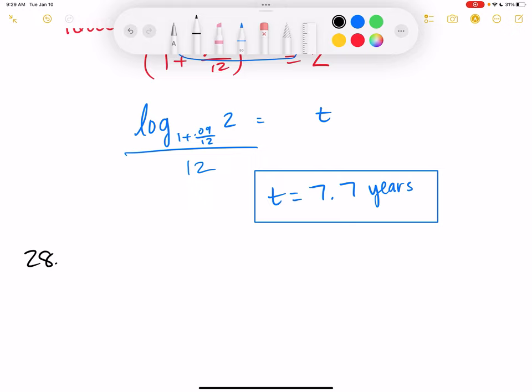So he starts out with 18 million. He wants to end up with 25 million, so that's A. He wants to grow it in 8 years, so that would be N.